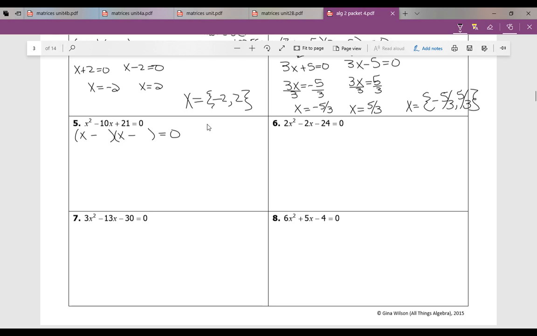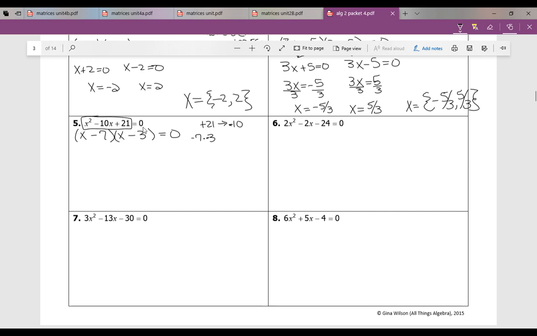Now, I need factors of 21 that will produce 10. Okay. 7 times 3 gives me 21. But in order for it to produce a negative 10, I have to make them both negative. That's what we said. So negative 7, negative 3. So I have factored the trinomial.